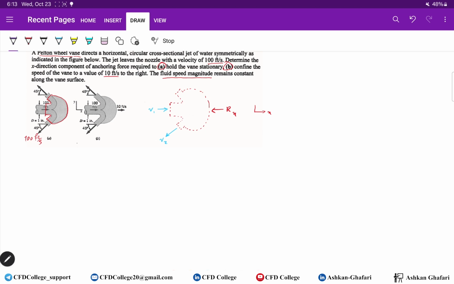So let's write down the linear momentum equation in x direction, because the force Rx is in x direction. The summation of forces equals the change of momentum inside the control volume, which is 0.